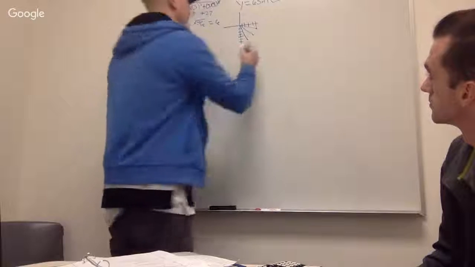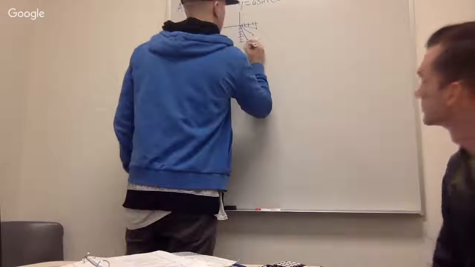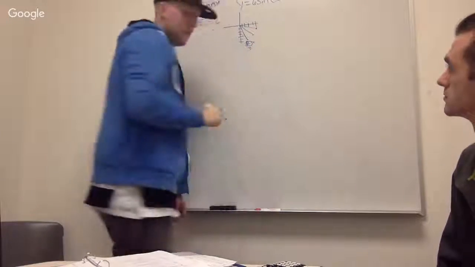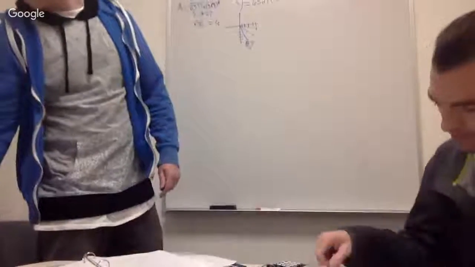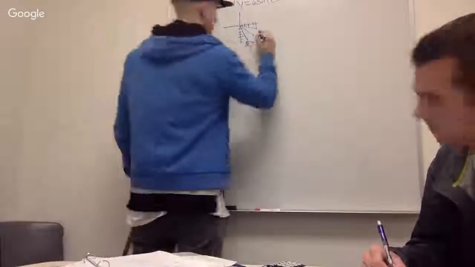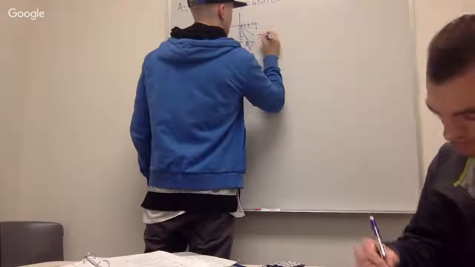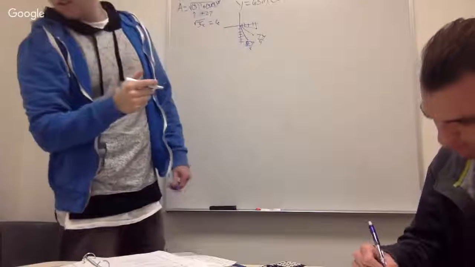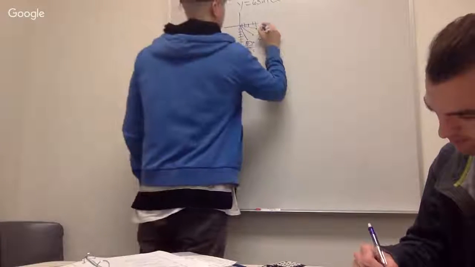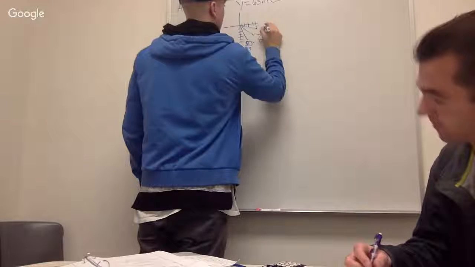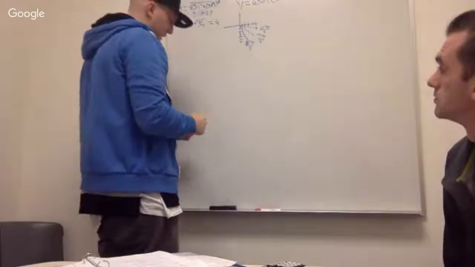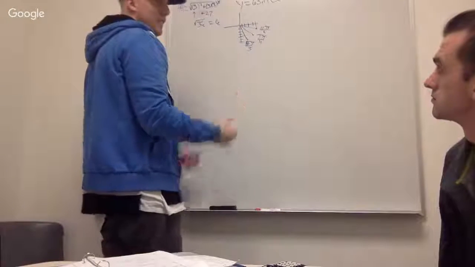This would be 5 pi thirds, the next one would be 7 pi fourths, and then the next one would be 11 pi sixths. So really it just depends on where the point is, and you match it up with the corresponding angle. I guess that makes a little more sense.